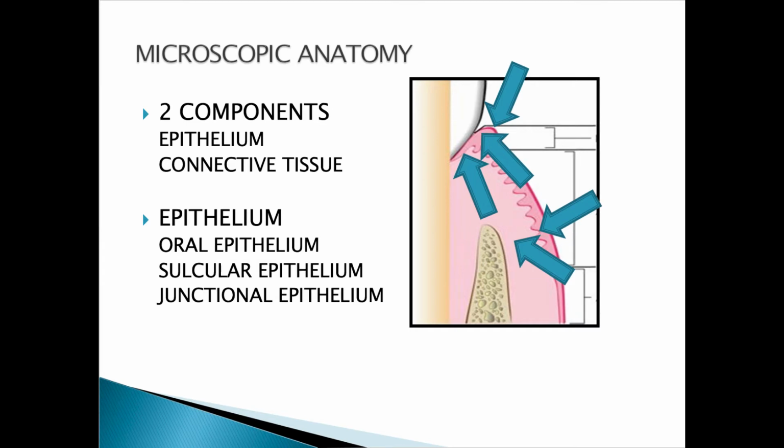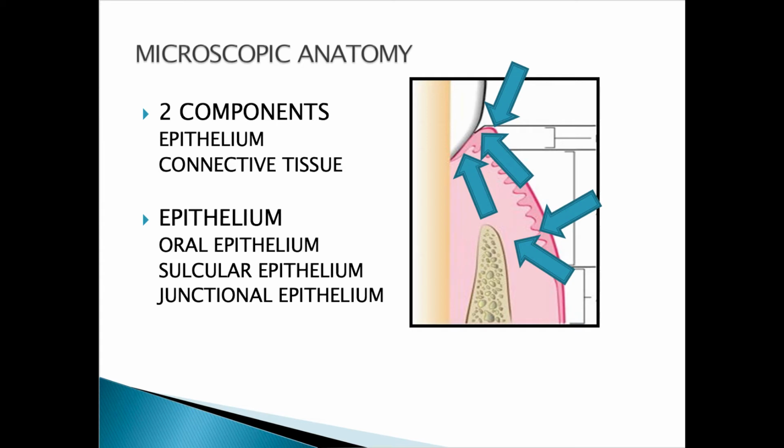The prevalent surface, however, is parakeratinized. The oral epithelium is composed of four layers: a stratum basale, a stratum spinosum, a stratum granulosum, and a stratum corneum. We'll look at these in a little more detail in a following slide. Turnover of these cells occurs every 10 to 12 days.